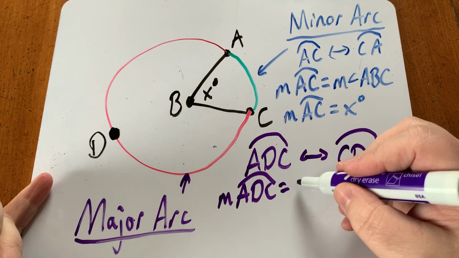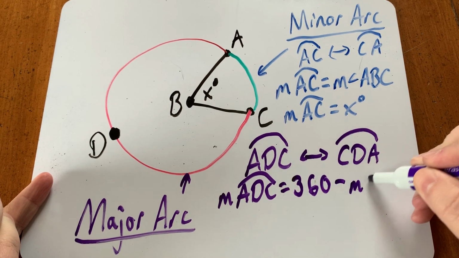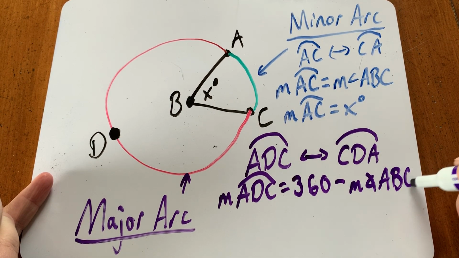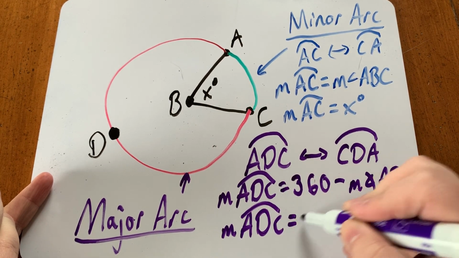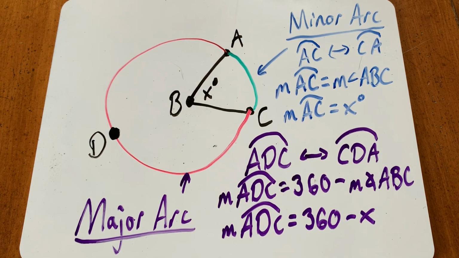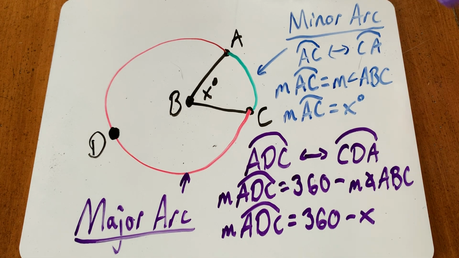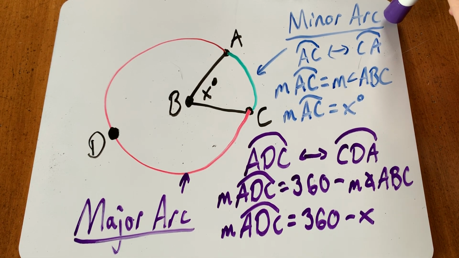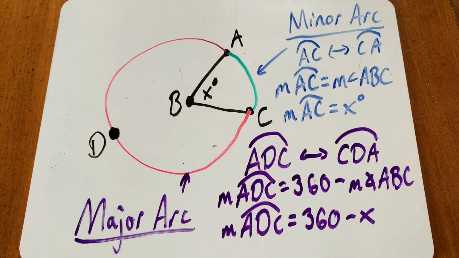So we have to express this as 360 minus the measure of angle ABC, or 360 minus x. Based on the fact that the minor arc is intercepted by a Euclidean angle, that means the minor arc's measure has to be less than 180 degrees and greater than 0.